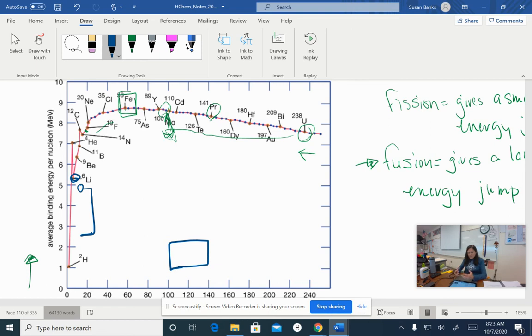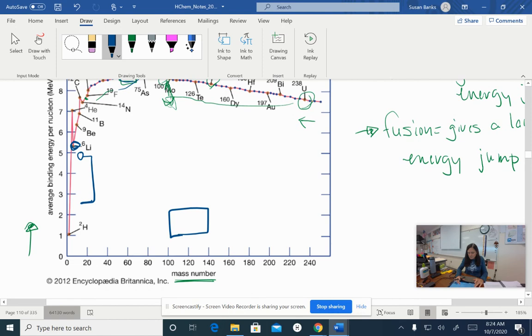And stars like the sun that are based off of fusion. So once we get to iron, that star has what we call a star death. The star can't work anymore. It can't fuse things anymore. So the star ends up dying.